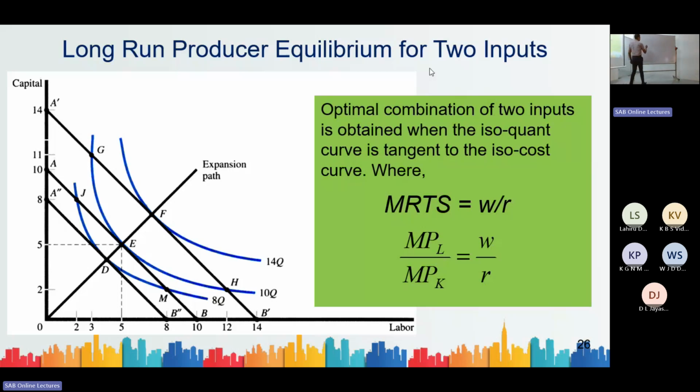So at equilibrium, the firm utilizes L star level of labor and K star level of capital. At equilibrium, the isoquant curve is tangent to the isocost curve.